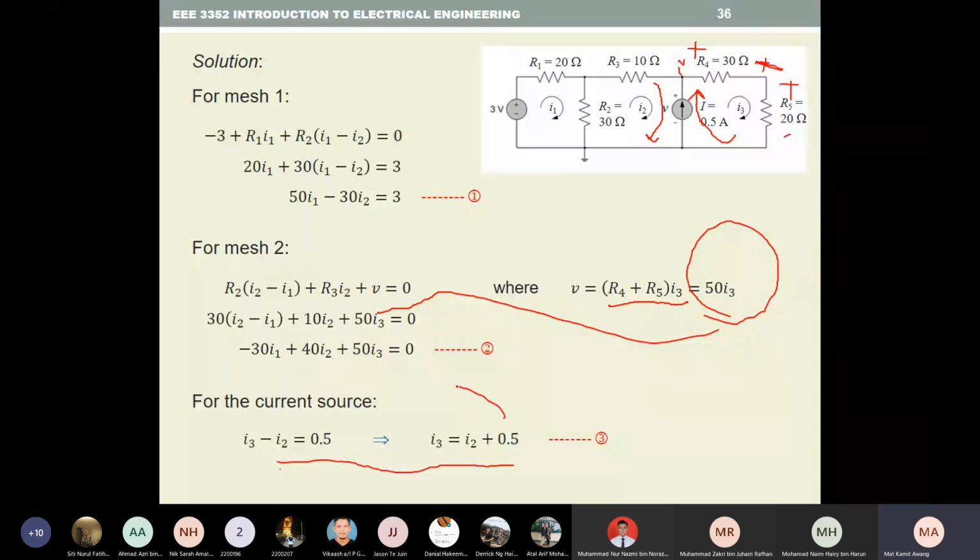So actually you can substitute here. So now you have two equations and two unknowns, because I3 you can get from this relationship, I3 equal to I2 plus 0.5.